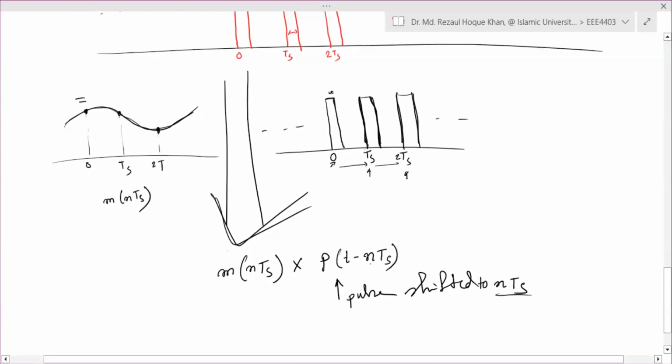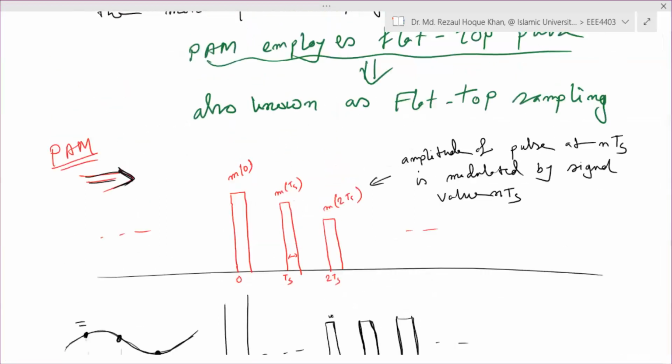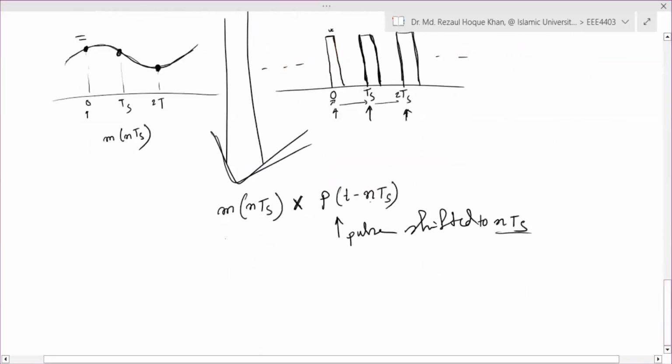So this pulse will be multiplied with this portion of the amplitude of the signal, and this pulse with this portion of the signal. You see? So m of nTs times the pulse gives the pulse amplitude modulation. This one is represented by this equation.